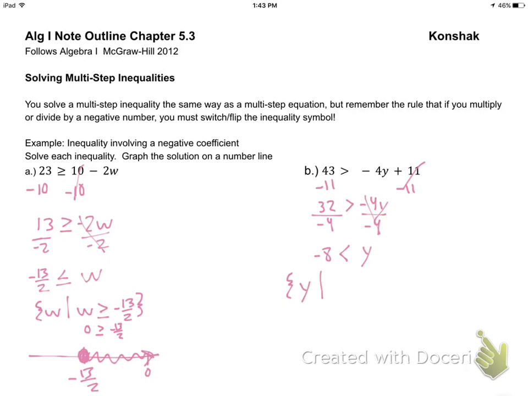Such that y is greater than negative 8. And on a number line, negative 8, open or closed? Open. Zero's over here again. Is 0 greater than negative 8? So I'm going to shade the side that works.